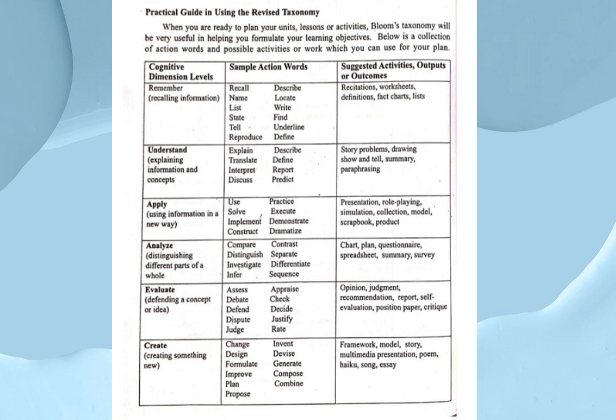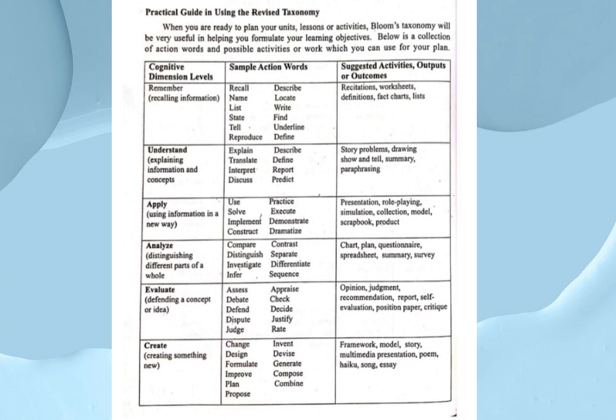Cognitive dimension levels: evaluate, defending a concept or idea. Sample action words: assess, appraise, debate, check, defend, decide, dispute, justify, judge, rate. Suggested activities, outputs, or outcomes: opinion, judgment, recommendations, report, self-evaluation, position paper, critique.